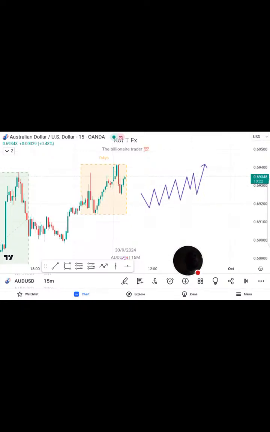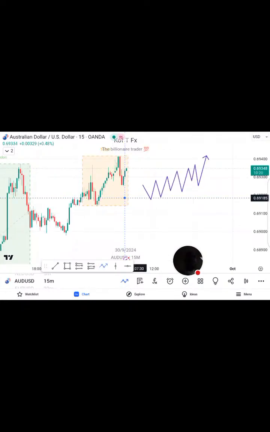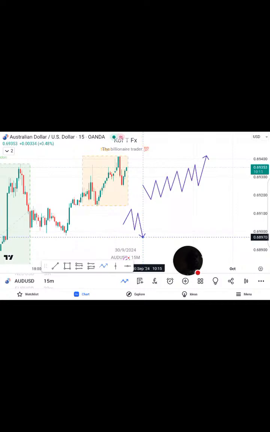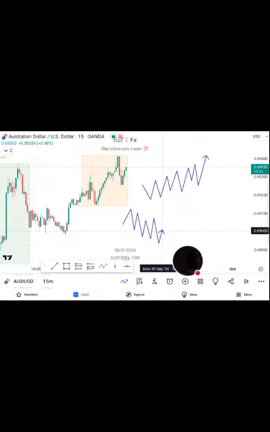For a sell setup, it is the inverse of what I have here. So we have one break of structure and another break of structure, liquidity grab, and our entry, boom.